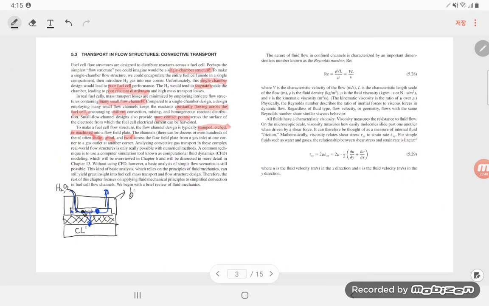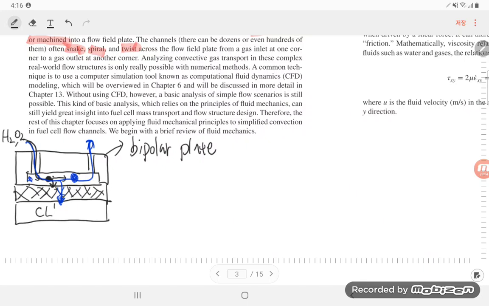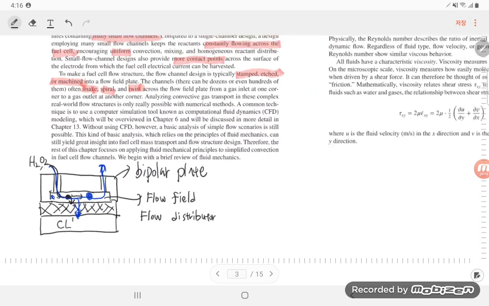We call it a bipolar plate, and if we carve some specific configuration of flow channel into it, then we call it a flow field, or flow distributor.